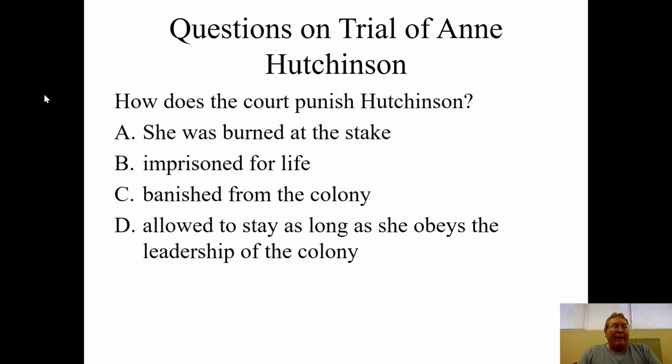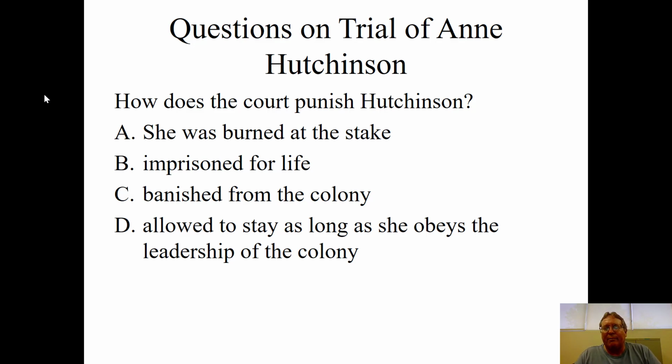Now, after she's put on trial, she's given a chance to defend herself. She tries, and after a while, she's found guilty. So when they punish her, they do not burn her at the stake, and they do not put her in jail forever. Both of those would be pretty extreme and would kind of show fear of the leadership towards her, right?